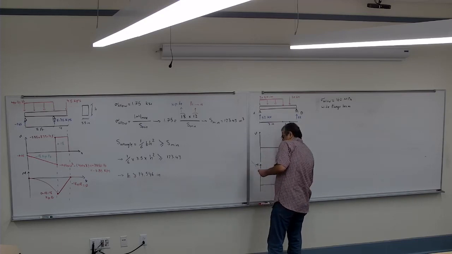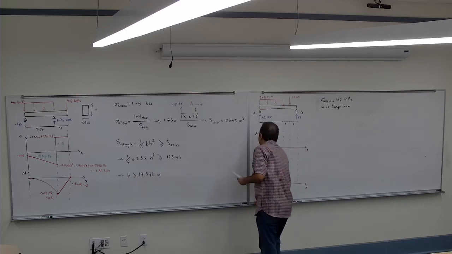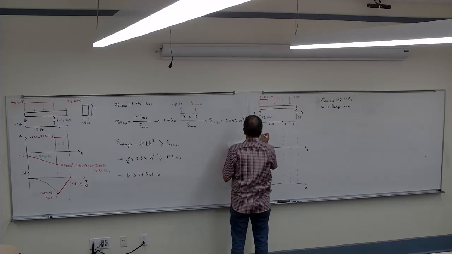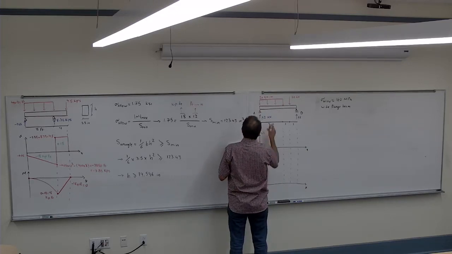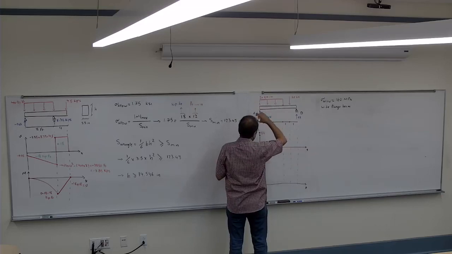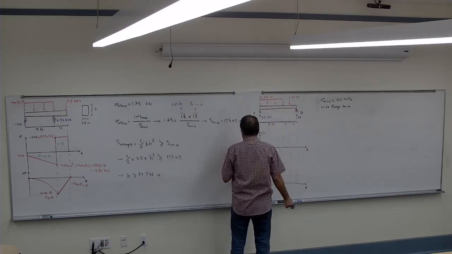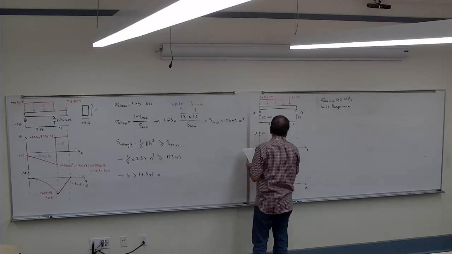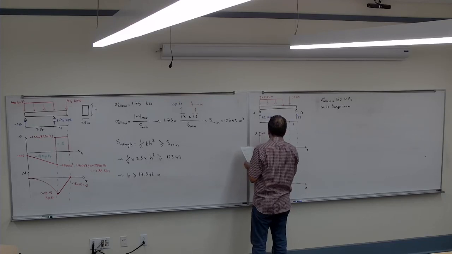So for the shear, it starts going up 52, so we know that's pushing it up, concentrated to plus 52. And then is the linear distributed load, so it's pushing it down, and the entire thing goes down to here.